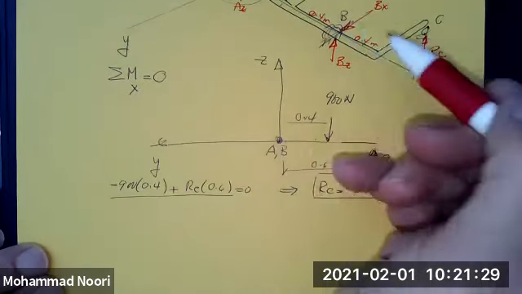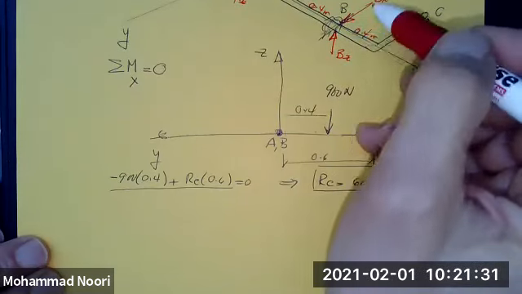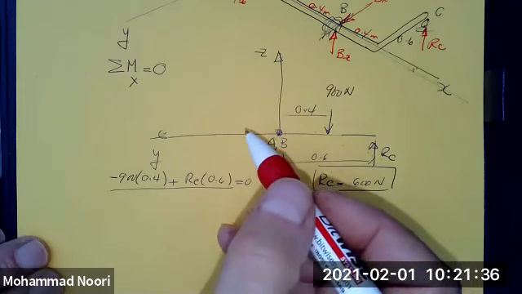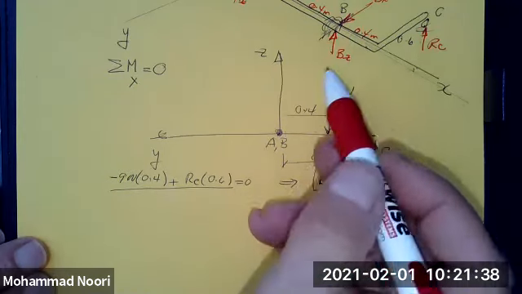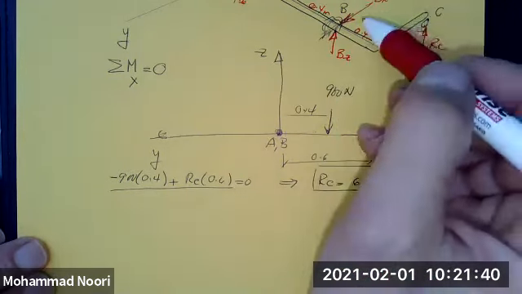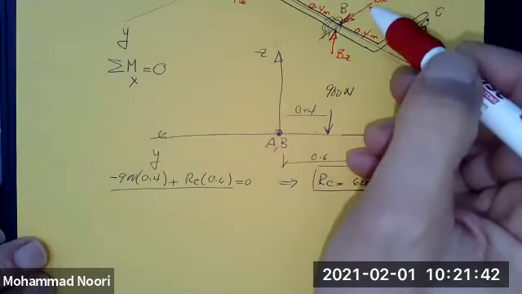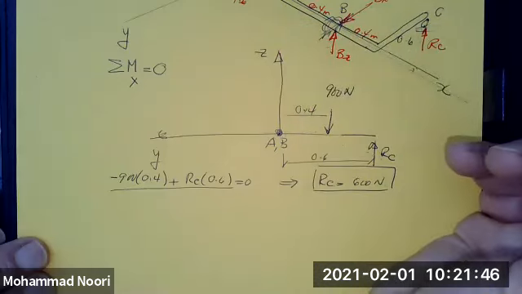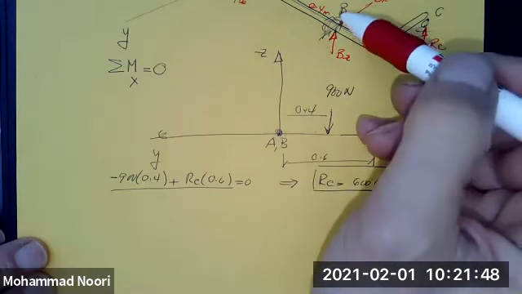Now I would say, okay, I want to find Bx and By. Now, how about if for finding Bx and By, I need to get rid of as many unknowns again as I can, right?